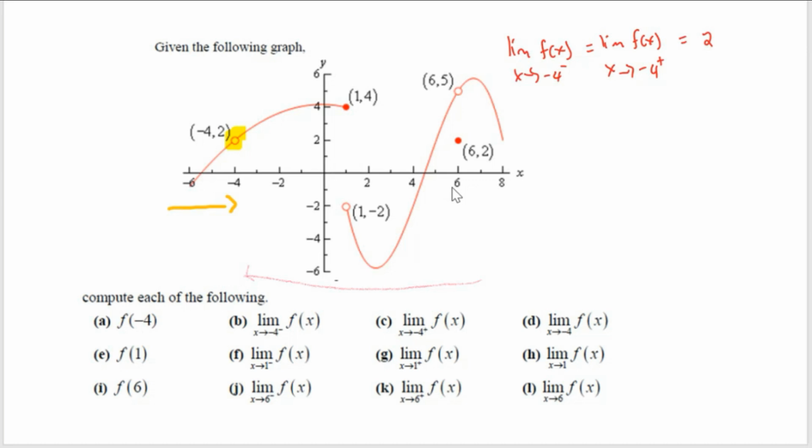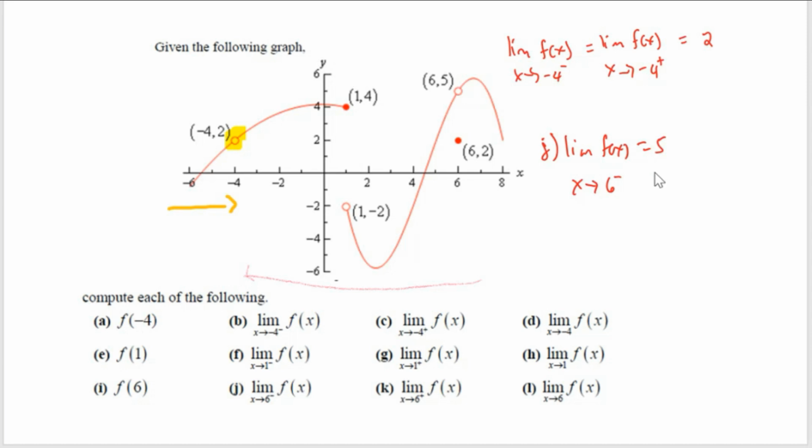Now in that case, class, according to the graph, the limit of f of x as x approaches 6 from the left, the value of y there is 5. So for letter J, we have the limit of f of x as x approaches 6 from the left is equal to 5.